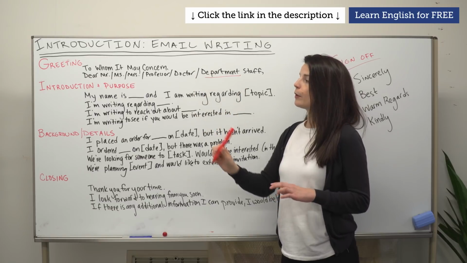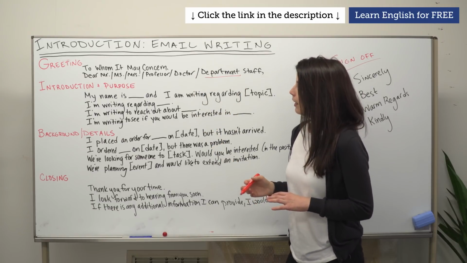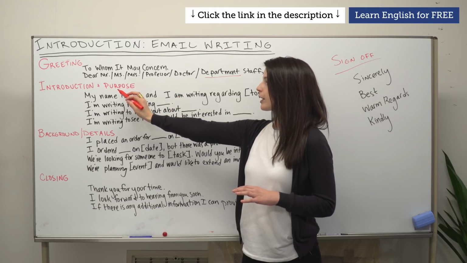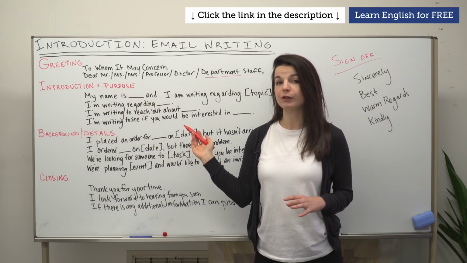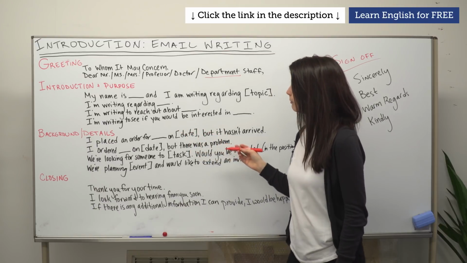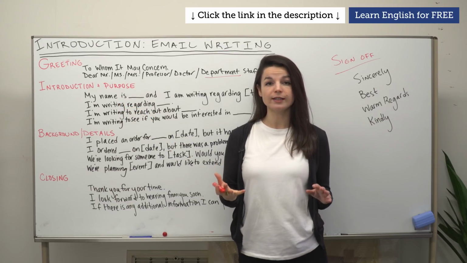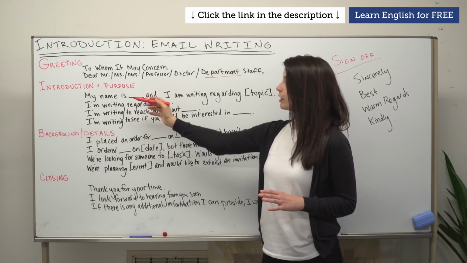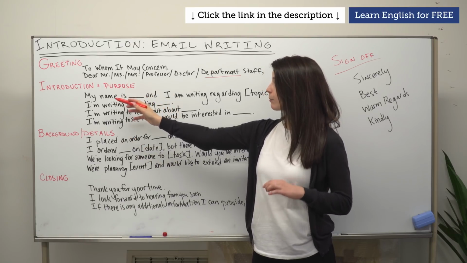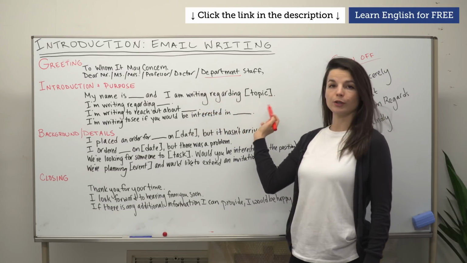Okay, so once you have written your greeting at the beginning of the email, then you can go into your introduction and your purpose. So why are you writing the email? These are a few patterns that you can use. First, my name is. If this is the first time you have contacted the other person, you can use this to introduce yourself. So in my case, my name is Alicia, and I am writing regarding and then your topic.